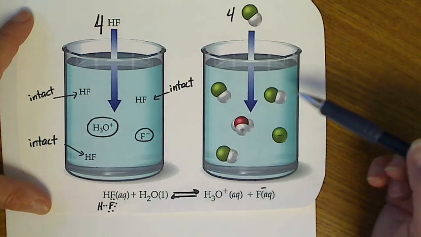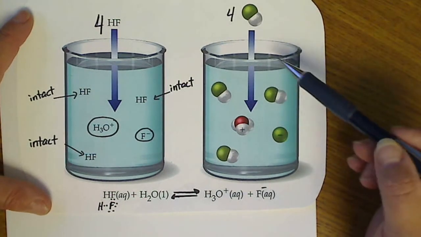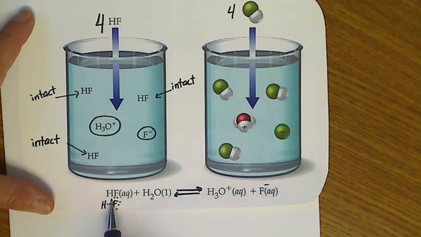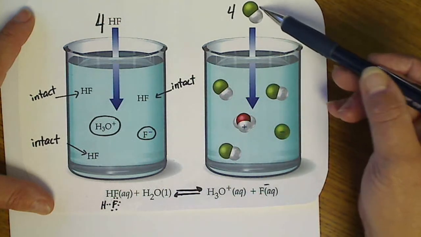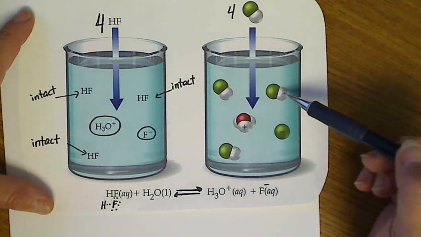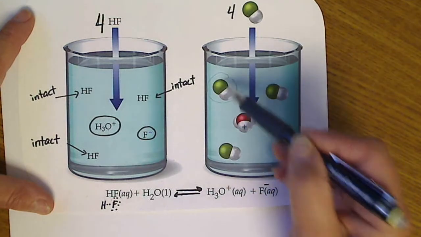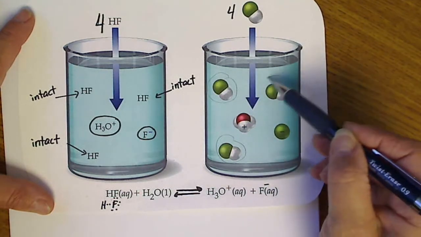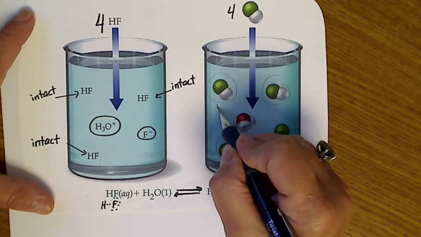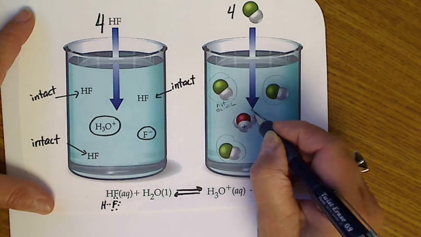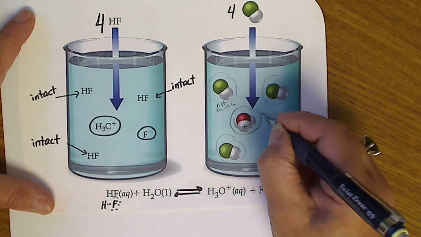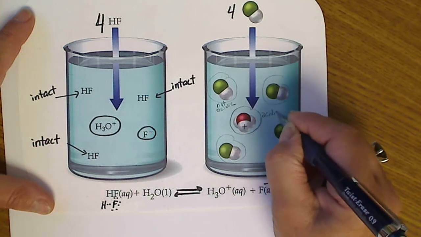Picture-wise, we see that here. Just because there's an H in the formula doesn't mean that 100% of those H's are going to break apart from that molecule. So here are 3, here are the intact HF molecules. So this right here is not acidic. This H3O plus is what makes the solution acidic.